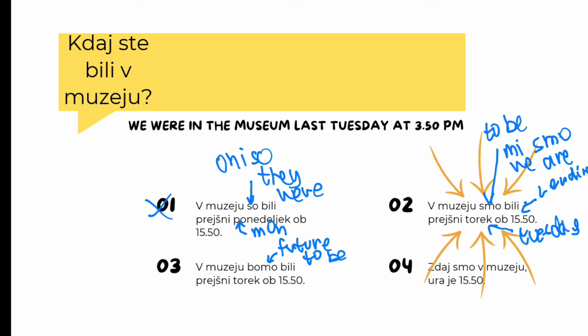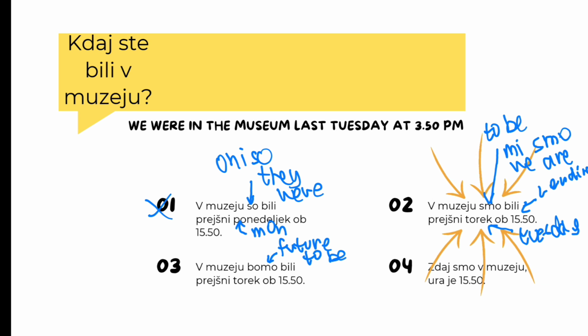In English, that would mean in the museum we will be last Tuesday at 3:50. It doesn't sound right, because it's not right. You can't say "bomo bili prejšnji torek". You can say "bomo bili naslednji torek", so next Tuesday. Okay? But you can't say "prejšnji torek" with future to be, because that was last week.